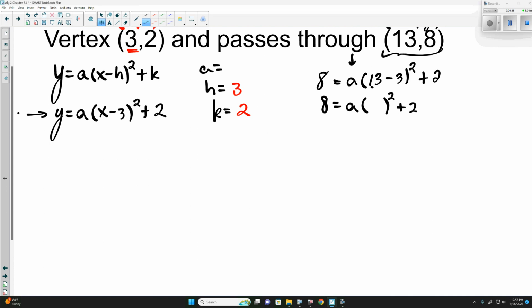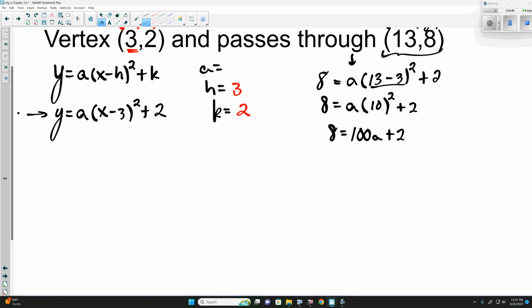Now the first thing we can do is simplify what's inside the parentheses, our 13 minus 3, 10. Now we need to take 10 squared. 10 times 10 is 100. So we have 100a plus 2.